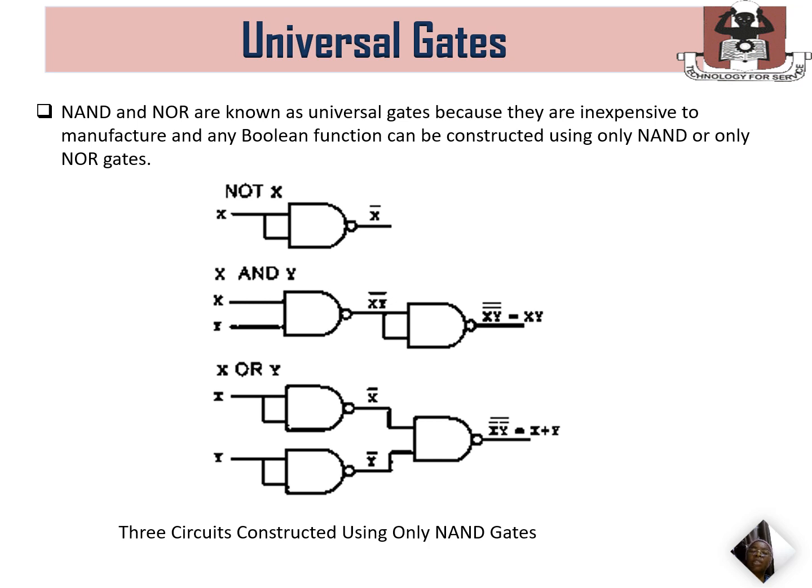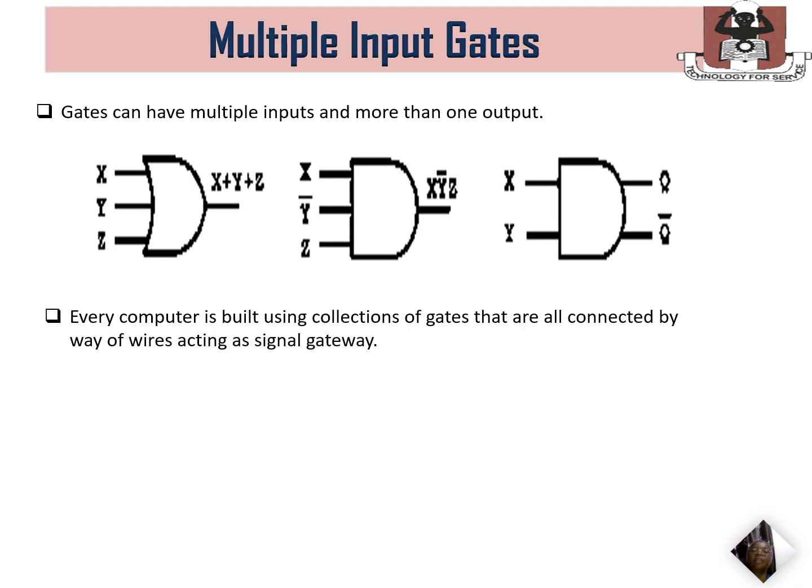This is because they are inexpensive to manufacture, and any Boolean function can be constructed using NAND gates only, or NOR gates only. So the three circuits constructed in this slide use only NAND gates. Then we have the multiple input gates, which can have multiple inputs but one output.